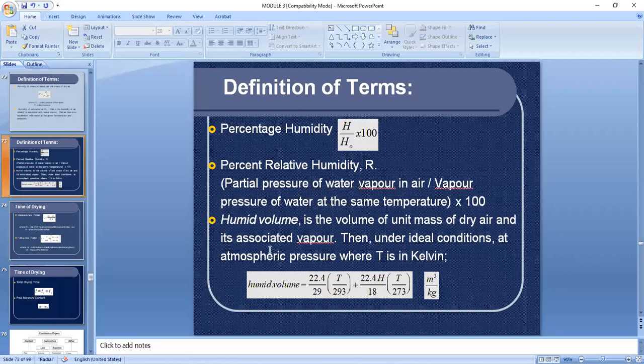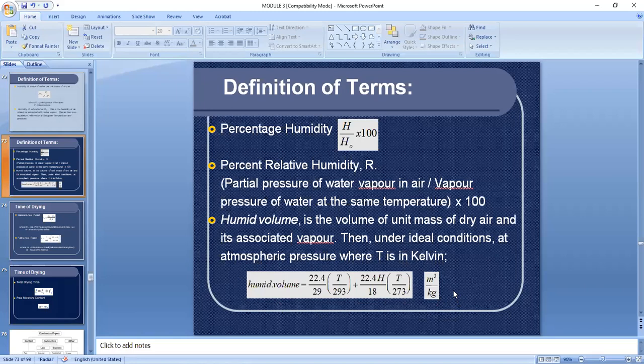Now, we also have here humid volume. So what is humid volume? This is the volume of the unit mass of dry air and its associated vapor. So simply, it is the volume of the dry air and the water vapor that it contains. Now, the formula for humid volume that you see here will give you SI units.